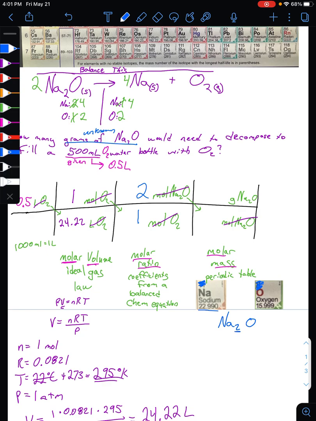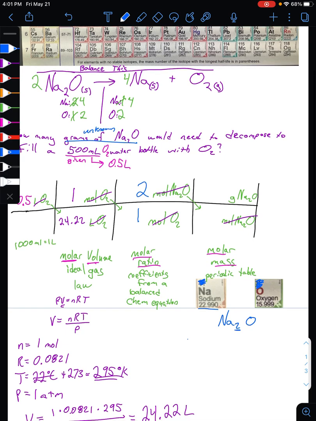But there are 2 sodiums. So take the average mass for 1 sodium and multiply it by 2. Great. And then add that to, well, in this case, I only have 1 oxygen, so I can just directly use that number, 15.999. Because, in this case, there is no subscript here. So I don't need to multiply it by anything. There's only 1 oxygen.